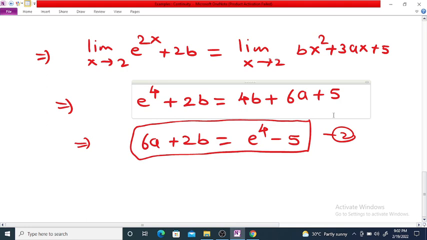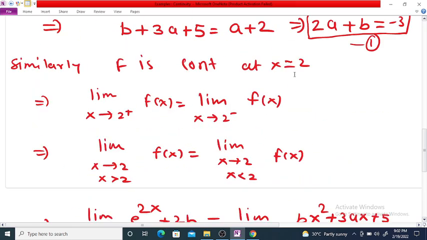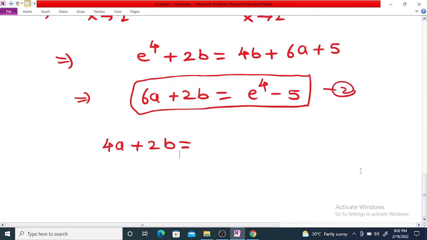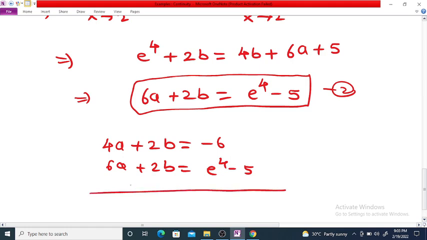Then we get 4a plus twice b is equal to minus 6, and here 6a plus twice b is equal to e raised to 4 minus 5. If we subtract these two equations, then the twice b gets cancelled, and we get twice a is equal to minus 6 plus 5, that is minus 1, minus e raised to 4.